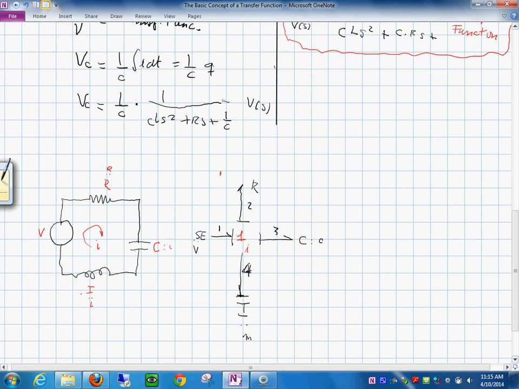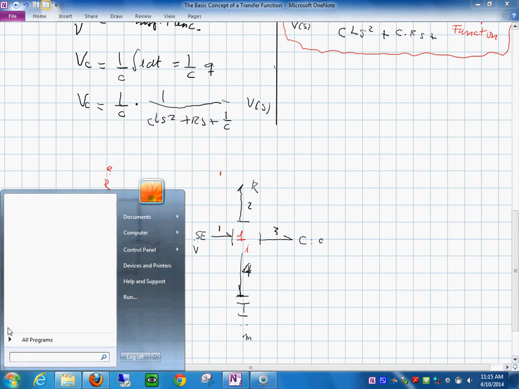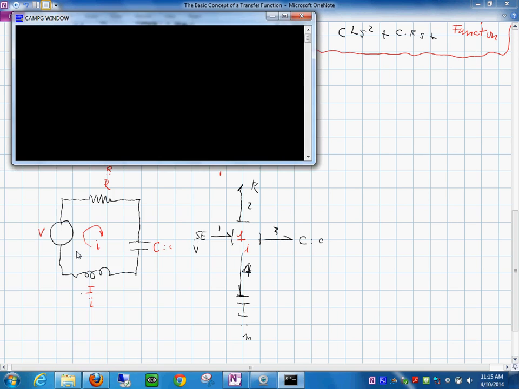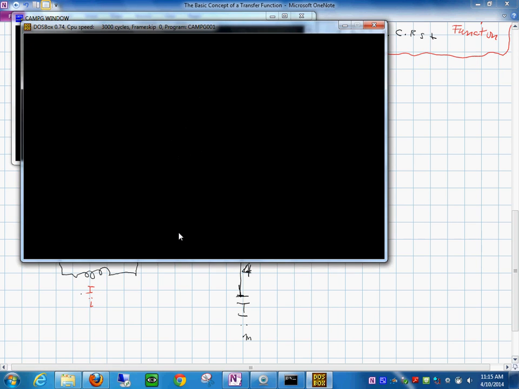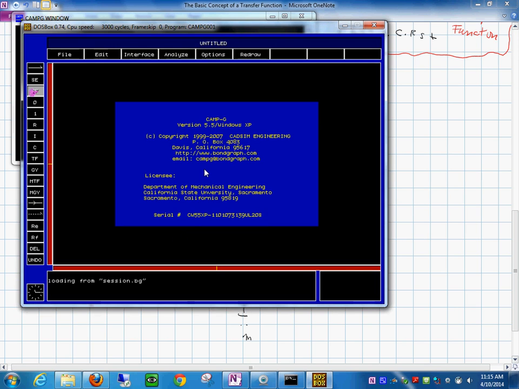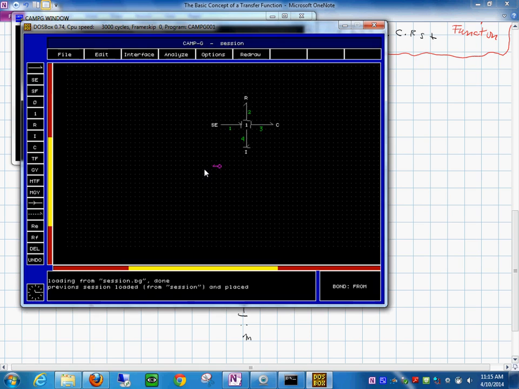So we have this running here. We have to run the software. And we go over here and pick up this icon. See, there is the simple system. 1, 2, and 3 points.